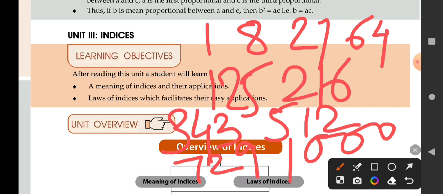So it is very important that you at least know cubes of 1 to 10 numbers.